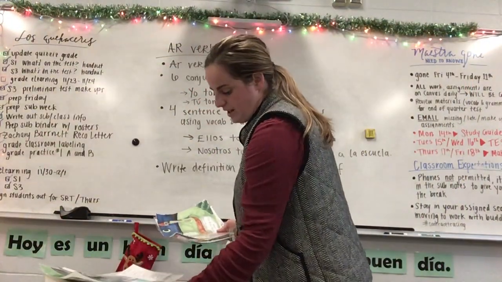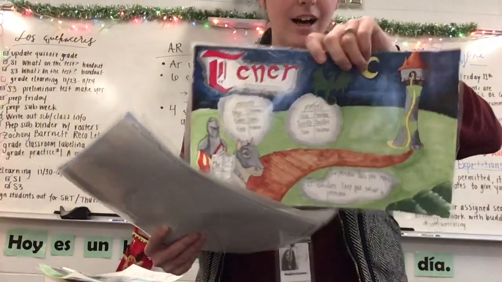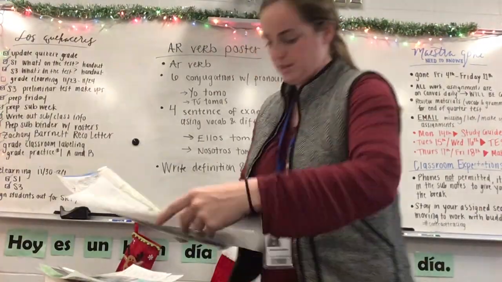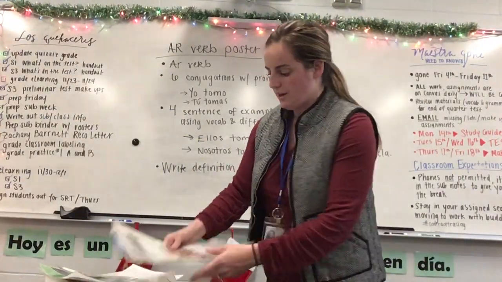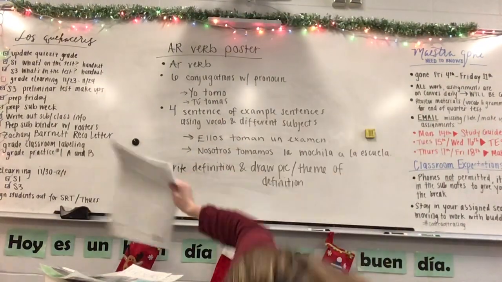This person did to have, like to have to save someone, and did all the conjugations. This person did to dance, and they drew a little ballerina, and they wrote some sentences in their definition. So there's lots more examples here, but those are just a few for you to see.